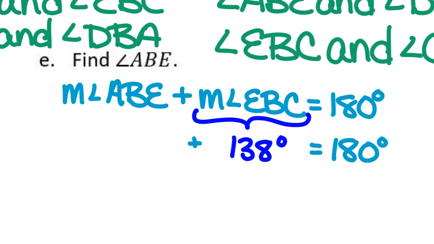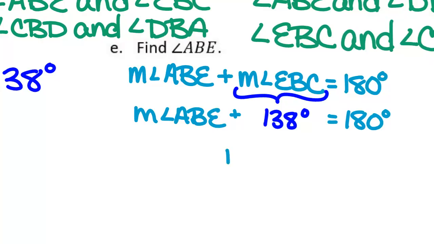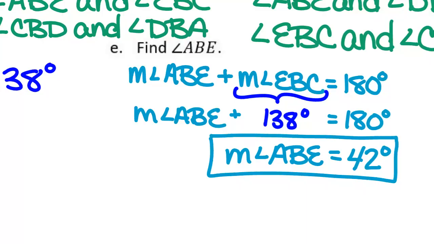Well, what would I need to do now if I wanted to find the measurement of angle ABE? Subtract. Go ahead and subtract 138 from 180. 42. So this angle is 42 degrees.